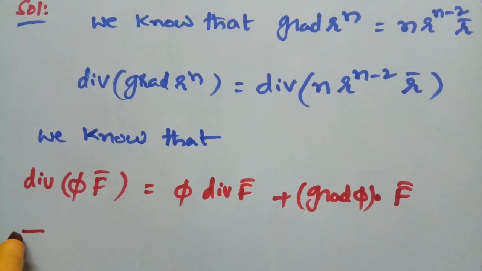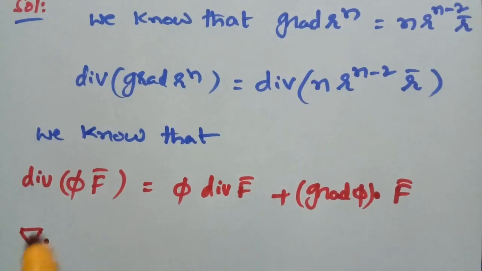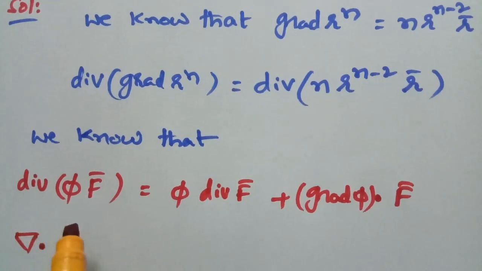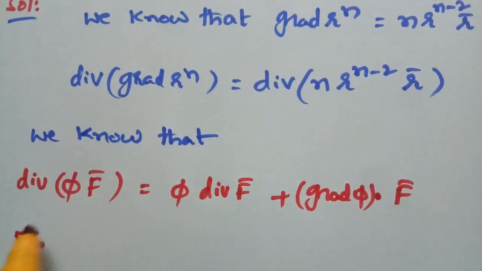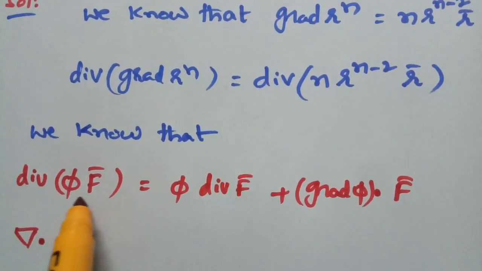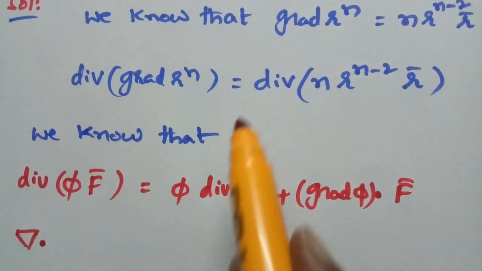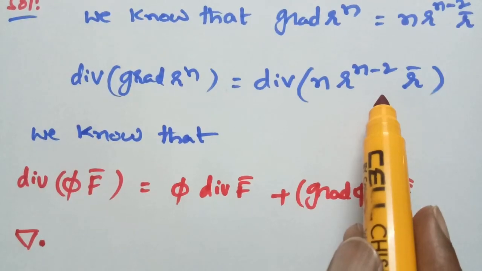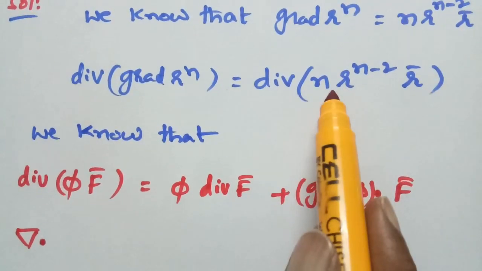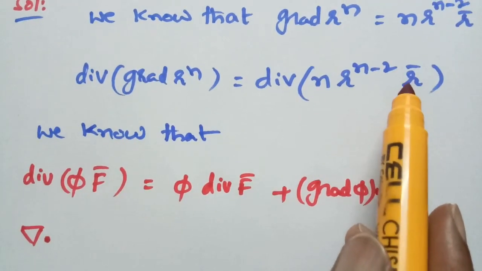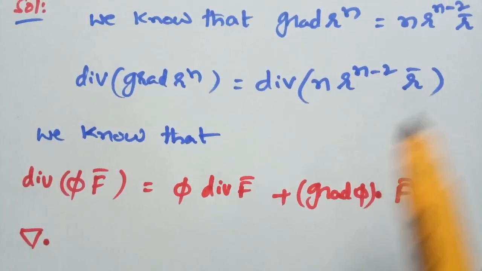That means del dot phi f bar, or otherwise this can be written as div of phi into f bar. So div of phi f bar is div of n into r to the power of n minus 2 into r bar.